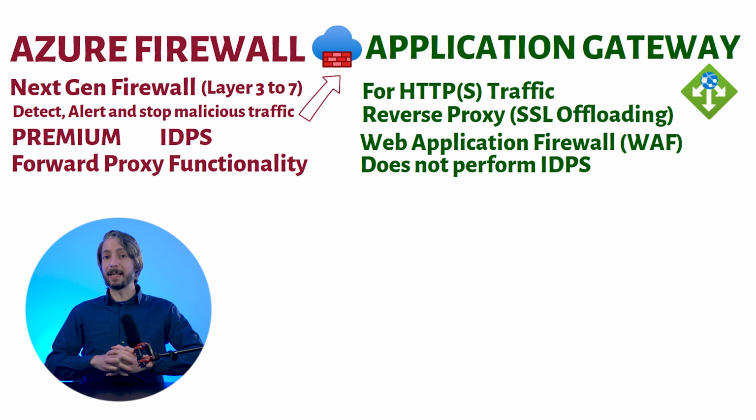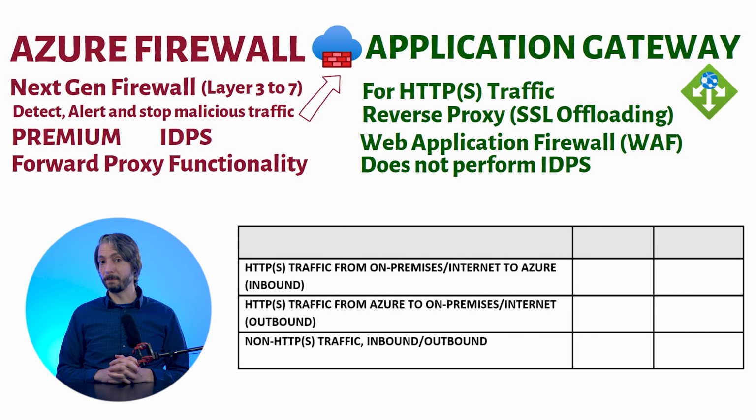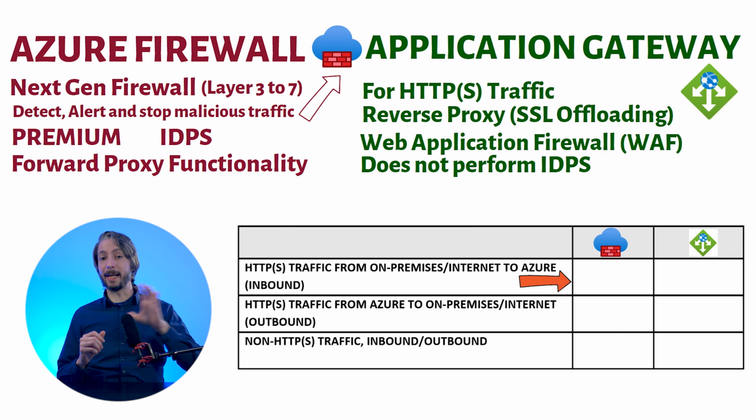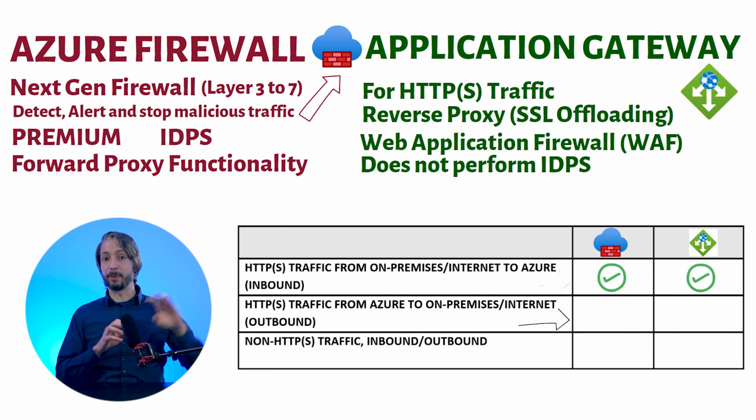So let's make a quick table to see the different scenarios. If we look at the application flow, we have HTTPS traffic from on-premise or the internet to Azure, inbound traffic. This can be filtered by the Azure Firewall and the application gateway. Then we have HTTPS traffic from Azure to the on-premise or to the internet, so outbound traffic.